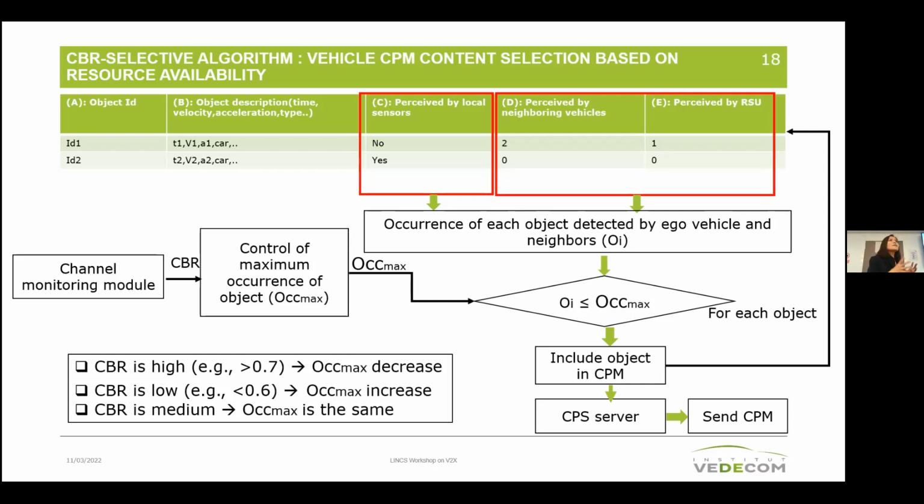Here we allow some redundancy. So it checks the number of occurrences of each object: how many of my neighbors detected the same object that I detected. If this number is below a certain threshold, I put this object in the CPM. And obviously the threshold is again defined by the CBR. That part is similar.